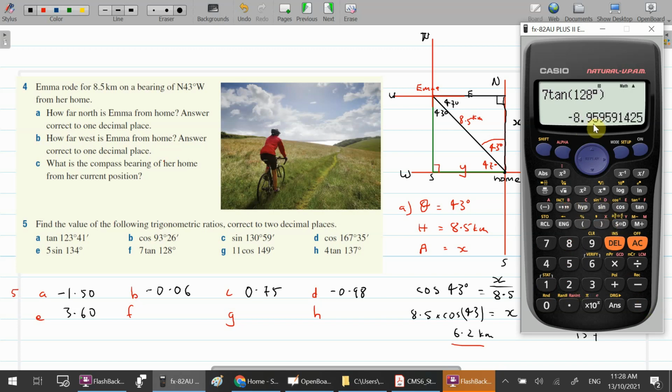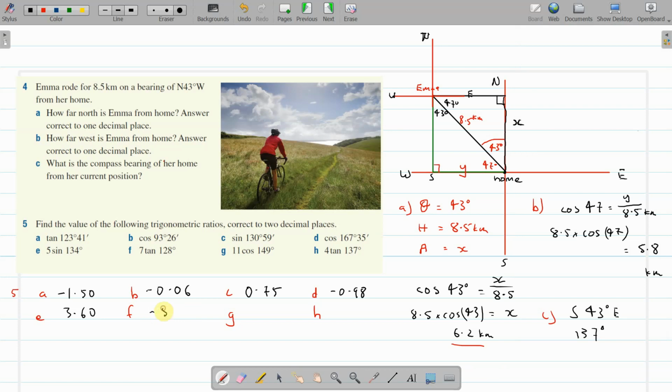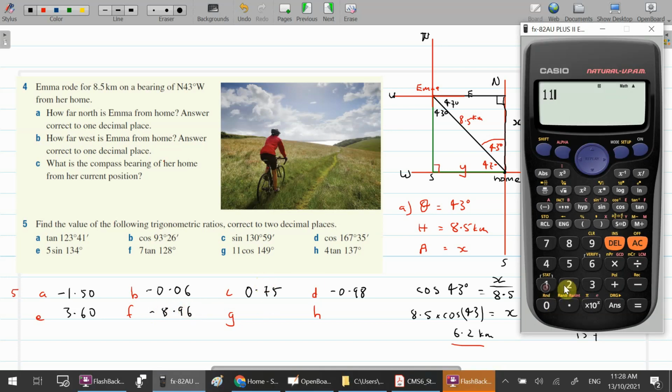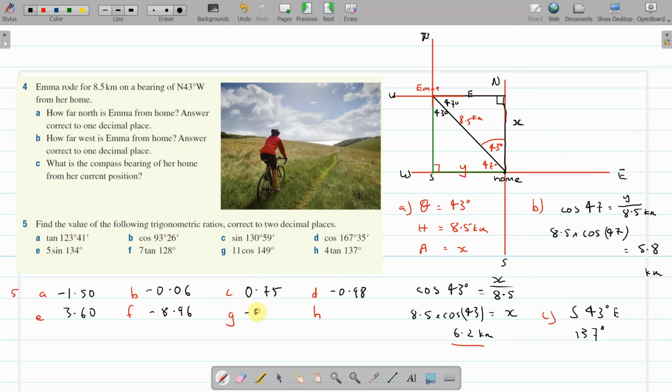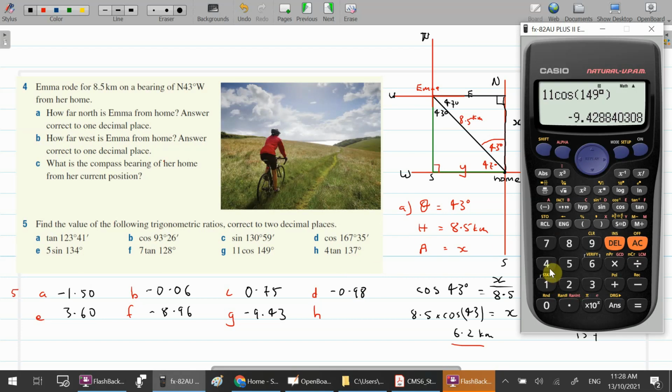Negative 8.96. 11 cos 149, bracket. Negative 9.43. And finally, 4 sine 137. Negative 3.73.